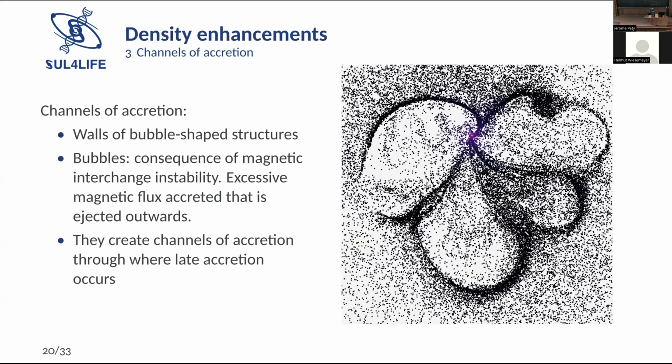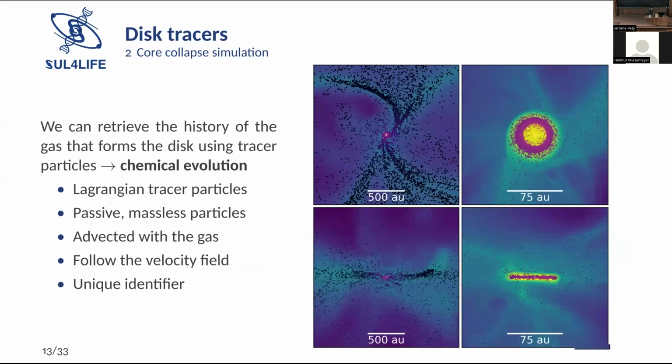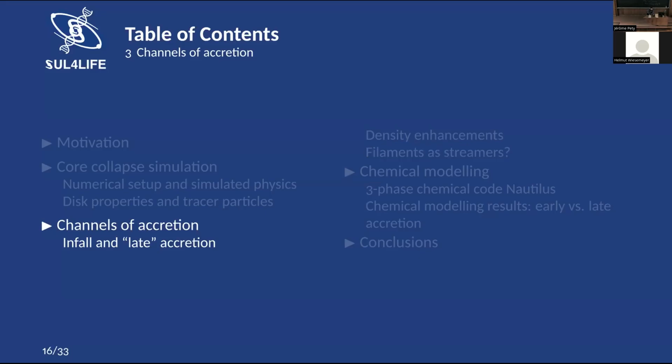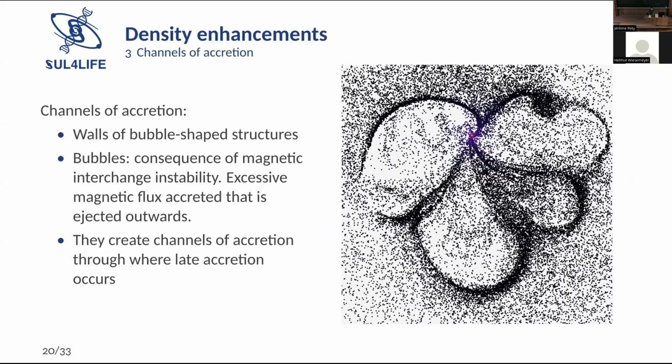Going back to the channels of accretion, here you see a zoom of the channels of accretion as they appear with the distribution of tracer particles. So these channels, I will go back here a minute. Too fast. Yes. So these channels of accretion turn out to be these ones, okay?